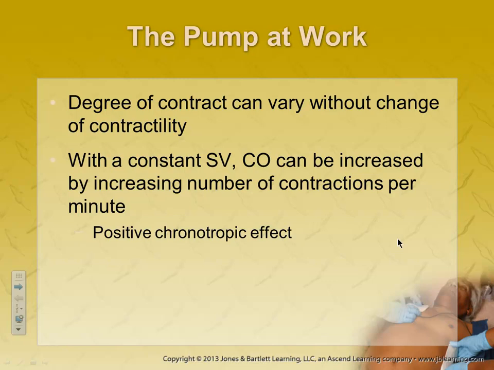So if we have a constant stroke volume, cardiac output can be increased by increasing the number of contractions per minute. There are three terms that I might have told you: dromotropic, inotropic, and chronotropic.